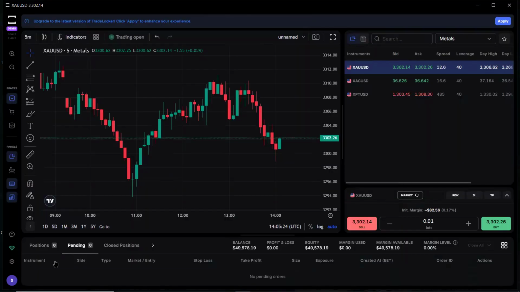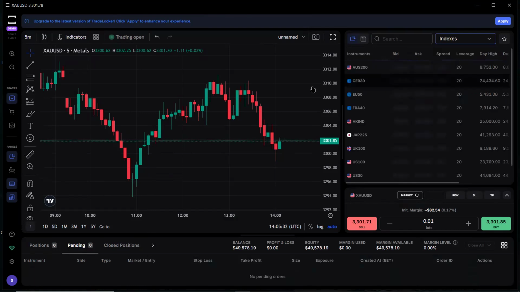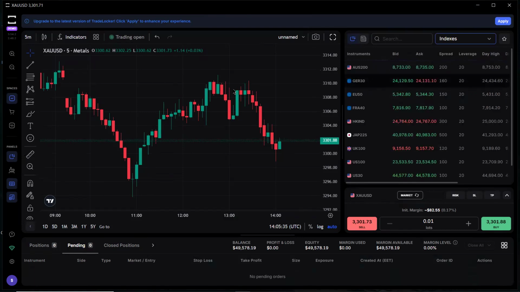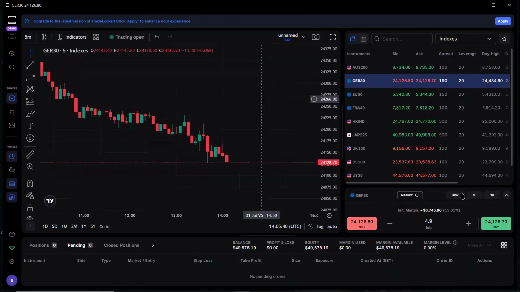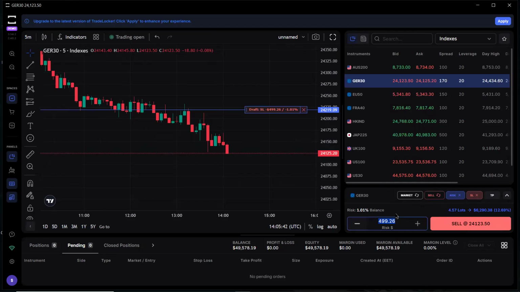Okay, that's our alert telling us that German 40 is all sorts of ready. And if we get the candles we want to see, which is exactly what we are seeing.